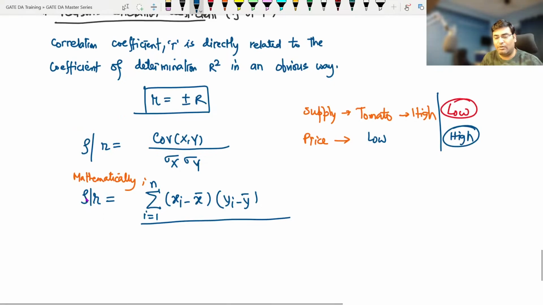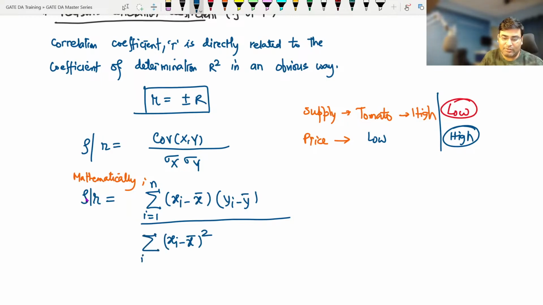So what you're doing is taking the sum of the product of deviations from the mean of x and y. And then you calculate the variance, which you already know the maths for, for i equal to 1 to n. Then you also have to divide by n, but for the time being, since n and n will cancel each other, this will become your variance. And if you take the root, it will become the standard deviation.